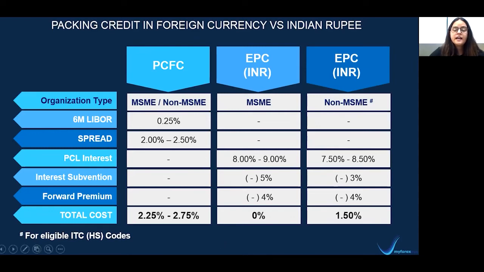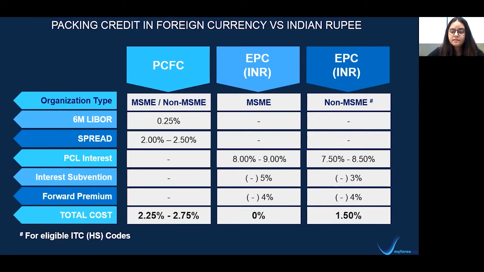While in PCINR, if there is an MSME, it will have an interest rate of around 8 to 9%, on which the MSME receives an interest subvention of around 5%. If the MSME books a forward contract, he receives a forward premium of around 4%, which provides further deduction in cost and leads to 0% total cost.